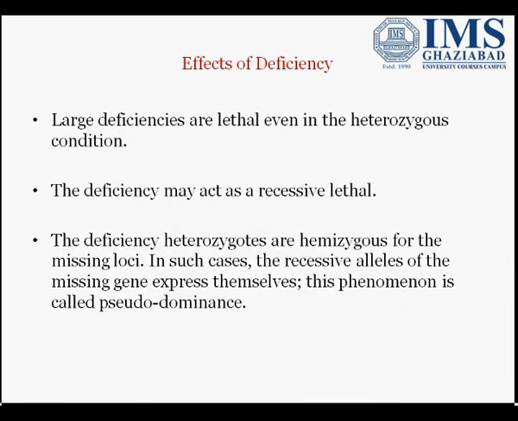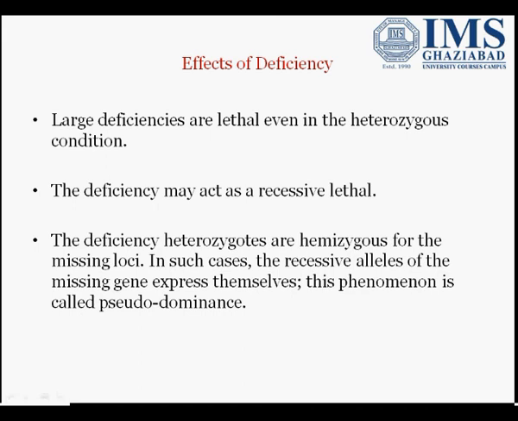Now, what are the effects of the deficiency? As we all know, deficiency is lethal in nature. Large deficiencies are always lethal in the heterozygous condition. If the individual has a deficiency in the homozygous condition, it will always be lethal, but larger deficiencies will be lethal even in the heterozygous condition.